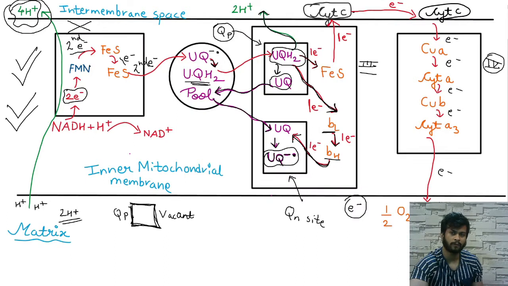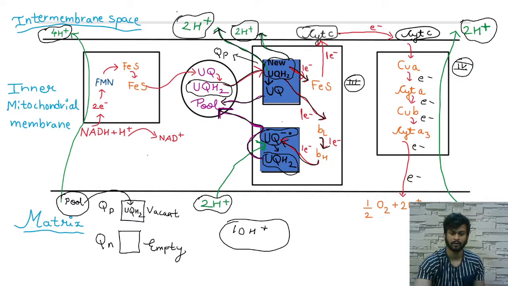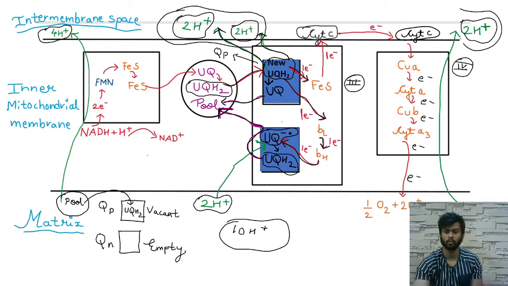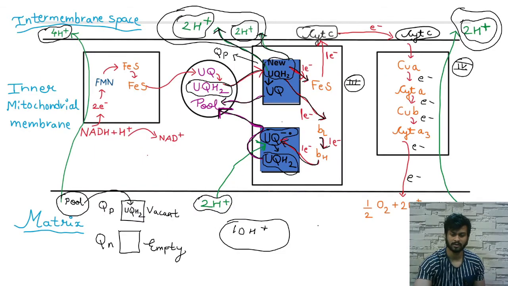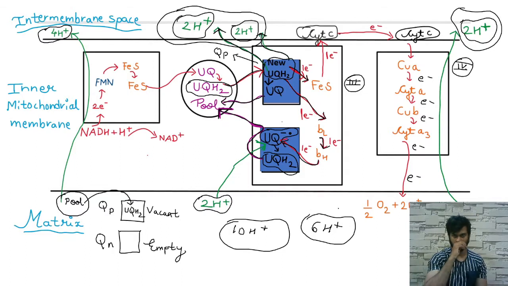The number of protons pumped from the matrix to the intermembrane space when complex 1 is not involved will be the total liberation of this 4 and this 2, that is, a total of 6 protons when complex 1 is not present.